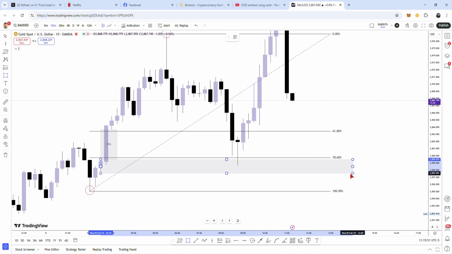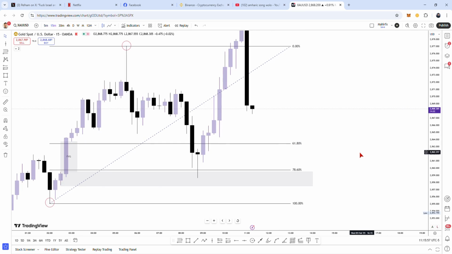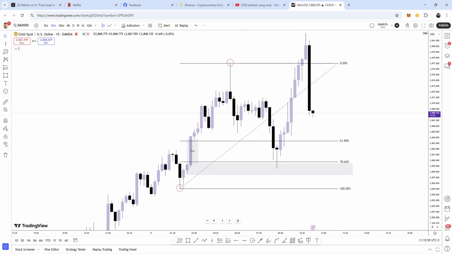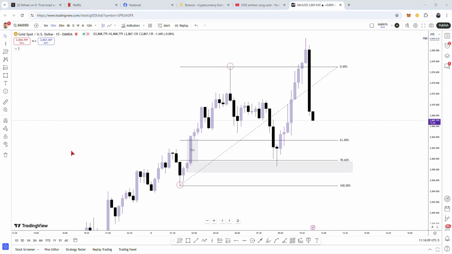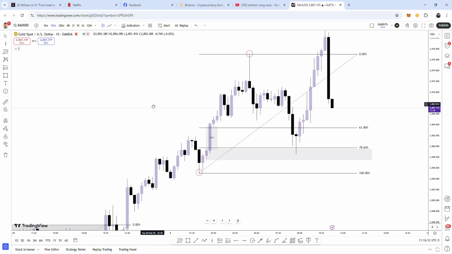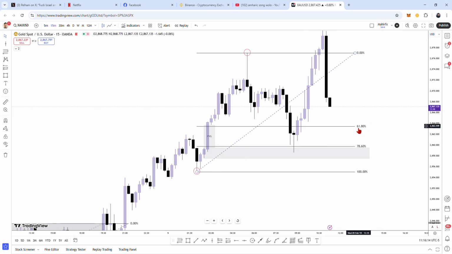We have an order block here below 78.6. If you read this book, it will indeed tell you a lot of strategies or entry points about taking trades from these 2 points, 61.8 and also 78.6.